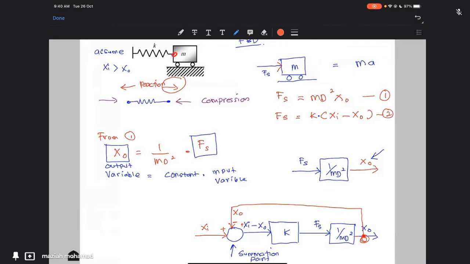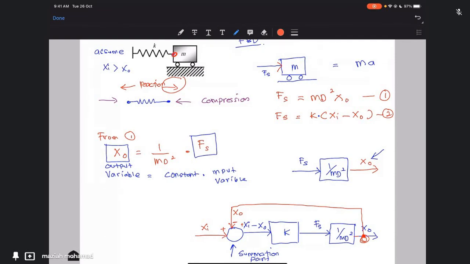We analyze using a free body diagram. If there are more components, then you need to do more analysis on that. Then we list all the equations for all the elements, and from there we start to draw a block diagram based on the equations.